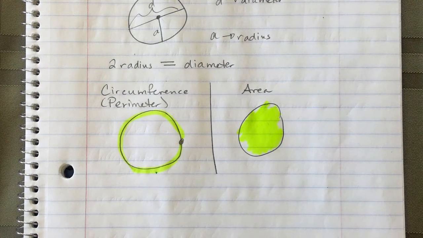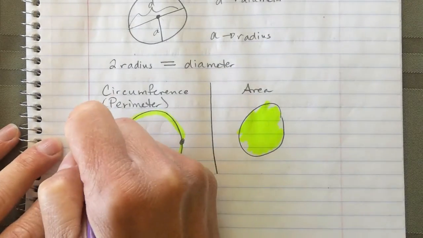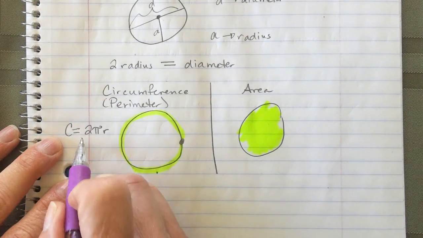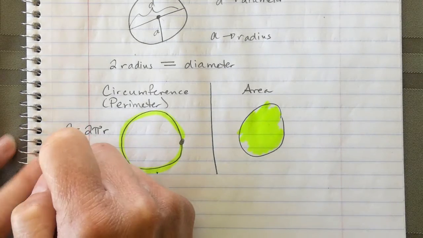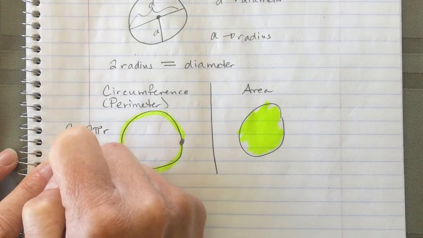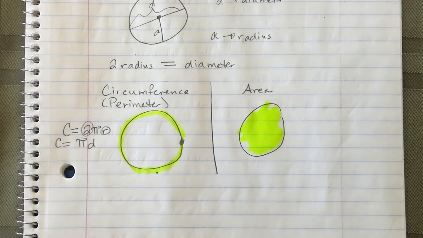So when we think about the circumference of a circle, that walking distance all the way around, we're going to denote that as capital letter C, and it is 2 pi r. So 2 times pi times the radius. And if you don't know the radius, you could just say pi times the diameter, because 2 radii makes a diameter.